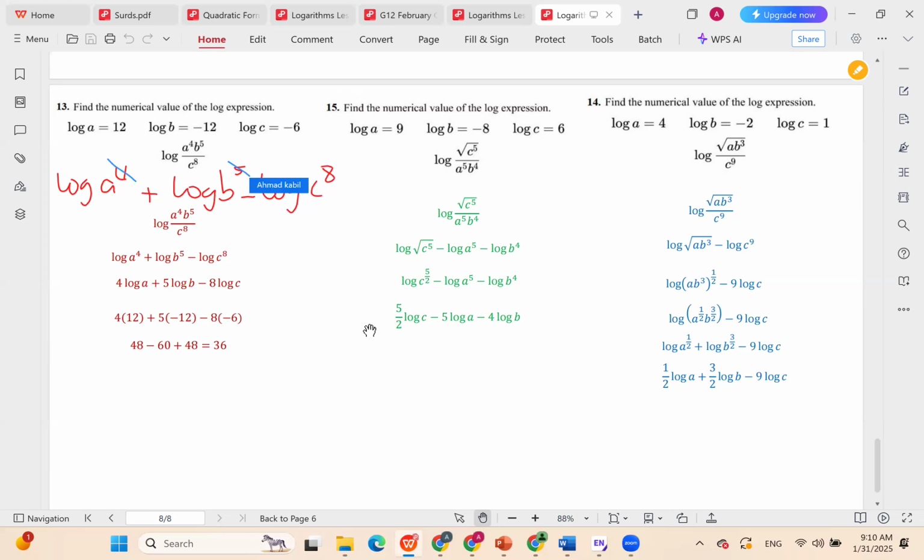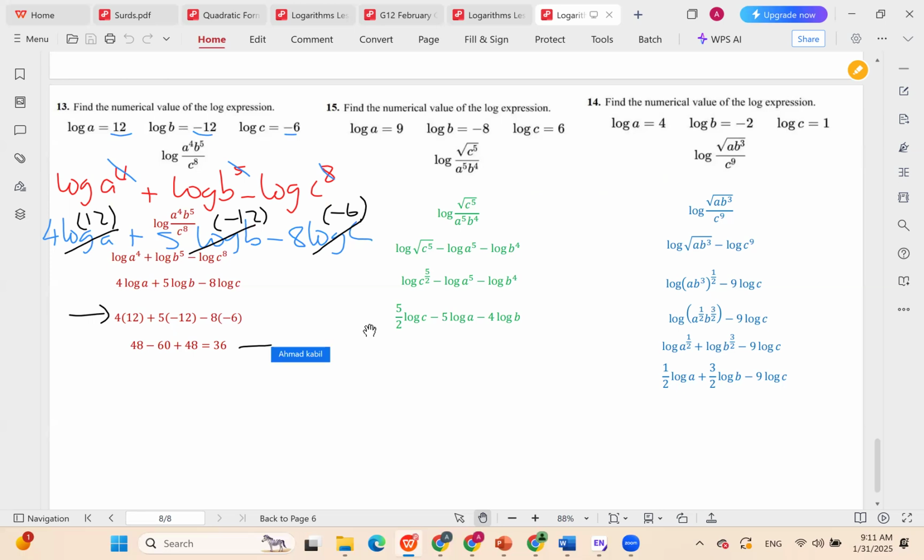We kick out the powers, so we get 4 log A plus 5 log B minus 8 log C. And then after getting that, all you have to do is just plug in these numbers. So this is 12. This is negative 12. This is negative 6. All you have to do is just compute the result, which ends up giving us 36.